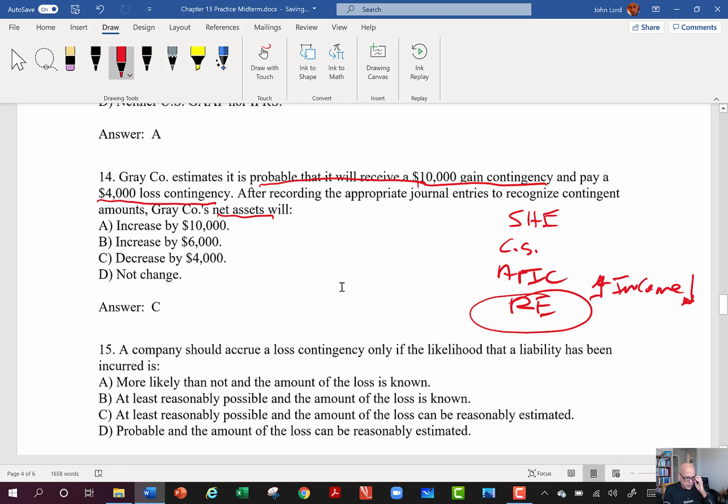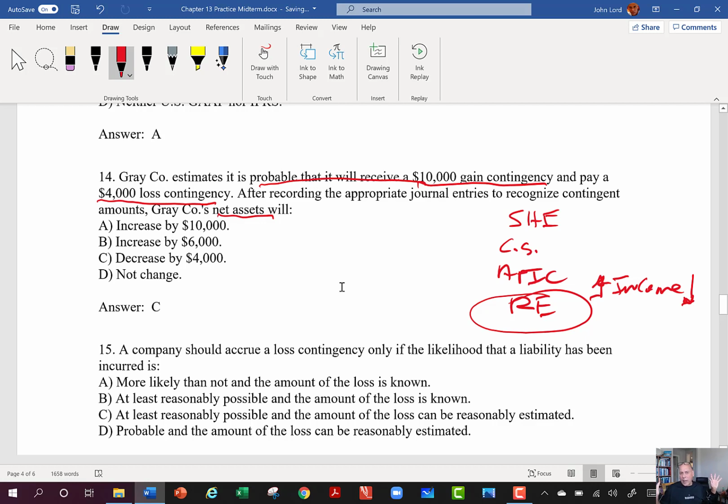Now remember, we said in the lecture that it has to be a high probability in order for you to take a gain contingency. And because these are so unusual, there are specific instances in the US GAAP standards where we will take a gain contingency, and since there are so few, they had to create a conceptual framework umbrella to fit these things under.